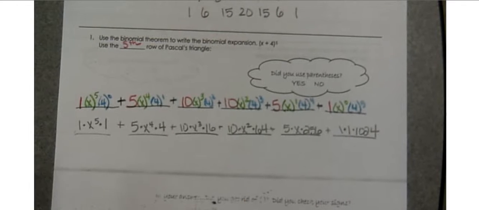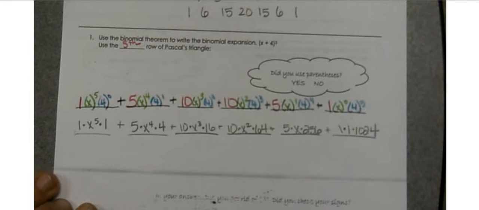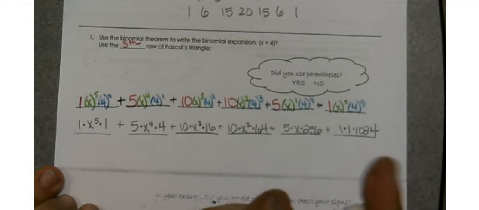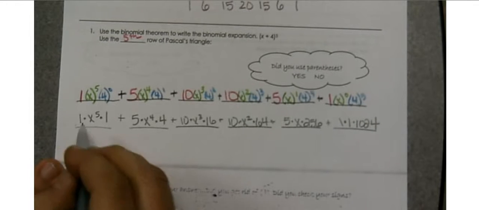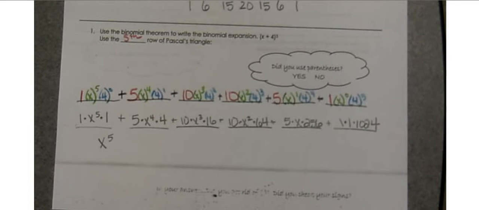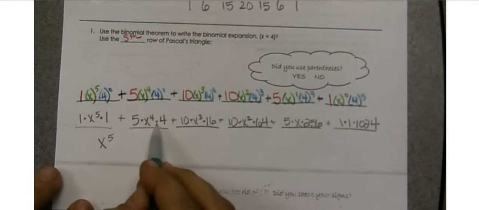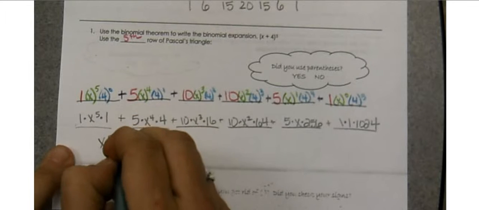And we will still have 6 terms in our final answer. Okay. Finally, let's make each of these terms as simple as possible. 1 times x to the 5th times 1 can just be written as x to the 5th. 5 times x to the 4th times 4 can just be written as 20 x to the 4th.